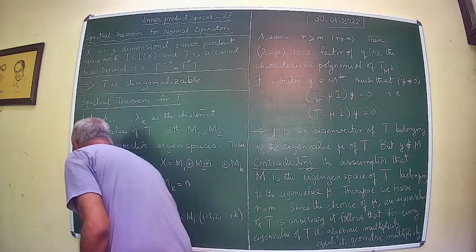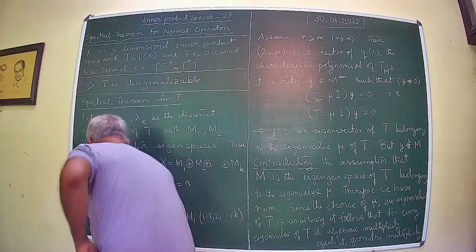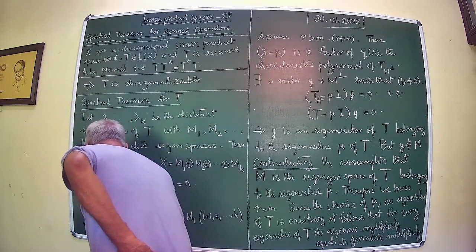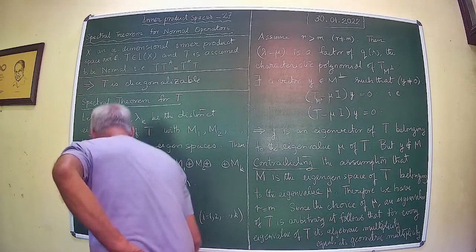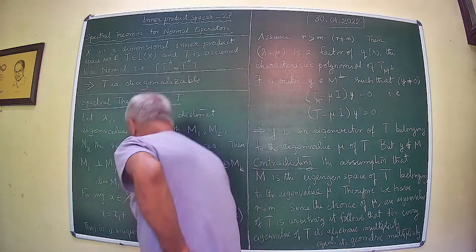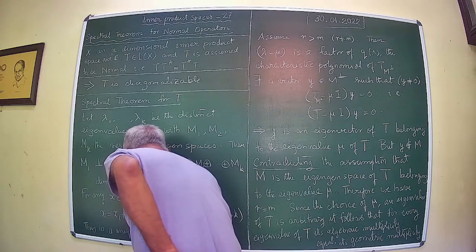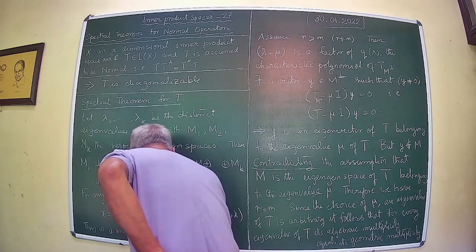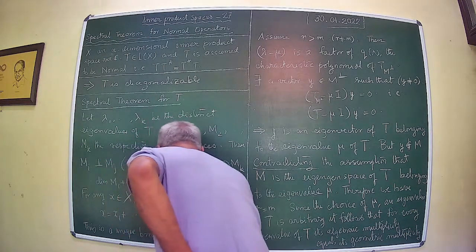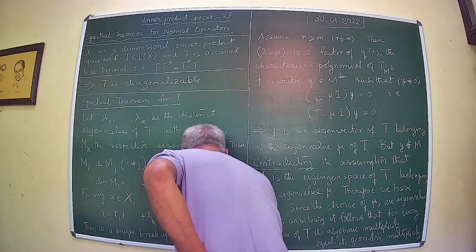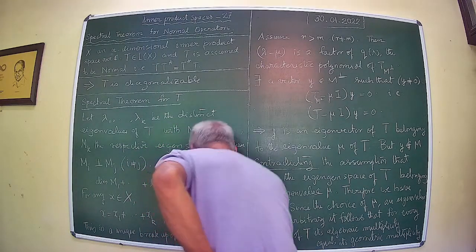This is a unique breakup of x as a sum of elements of the Mi's.